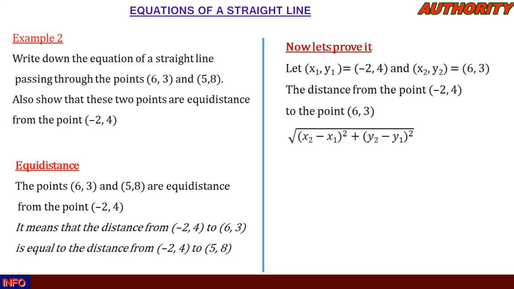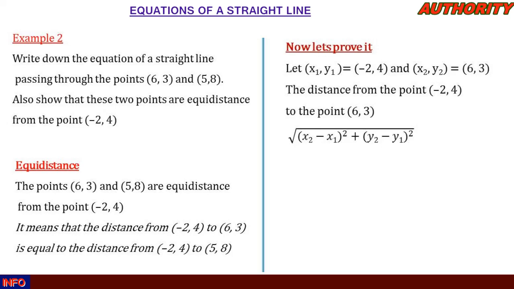So here we fix the values for x1, x2, y1, y2. From the values, we have minus 2 to be our x1, and 6 to be our x2, and 4 to be our y1, and 3 to be our y2.